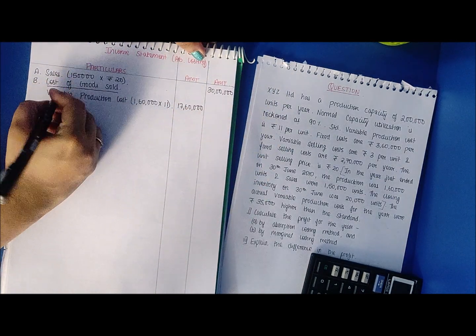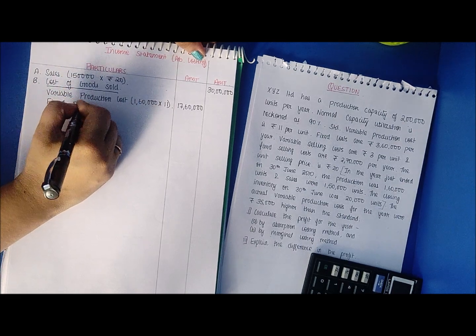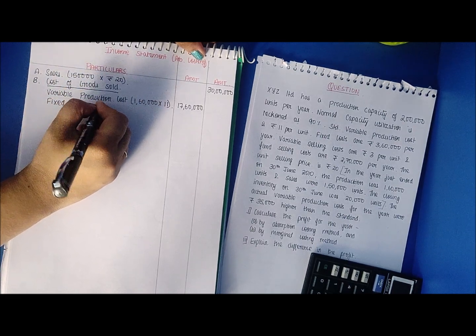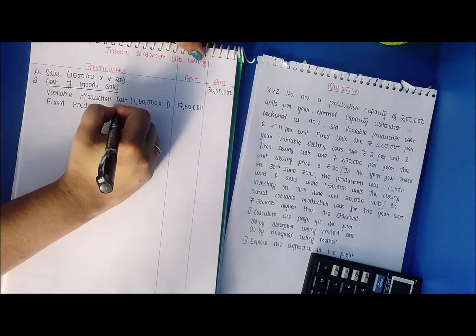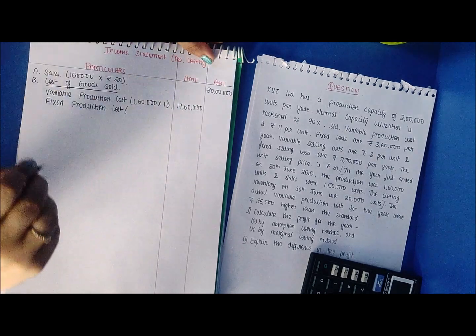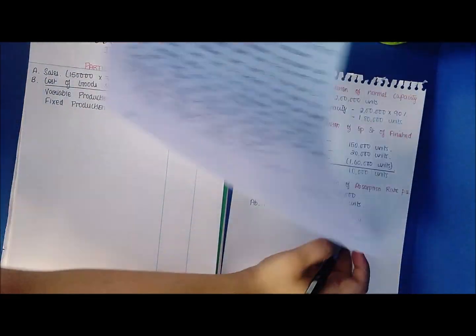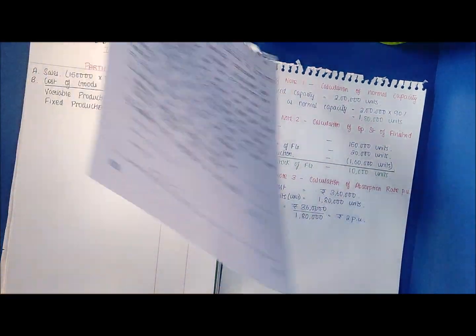Since we are following absorption costing, fixed production cost will be at the absorbed rate. Now our absorption rate is calculated at rupees 2 per unit.